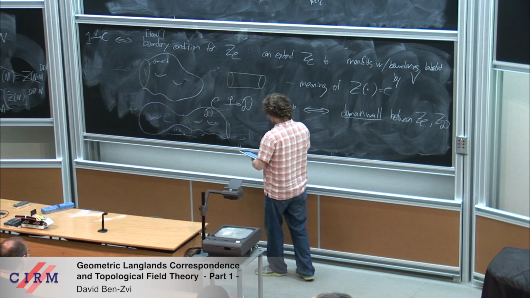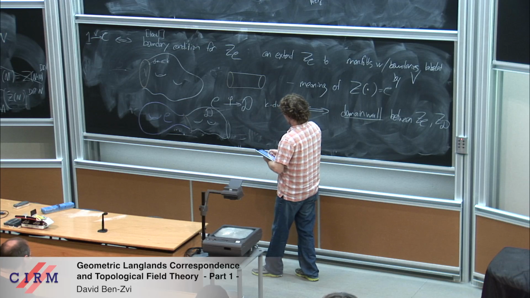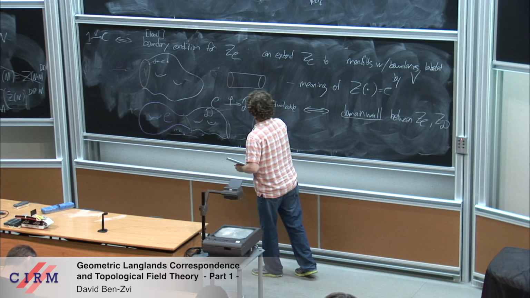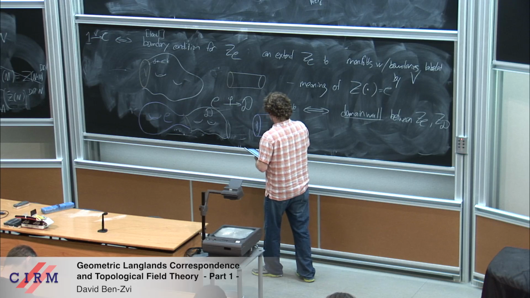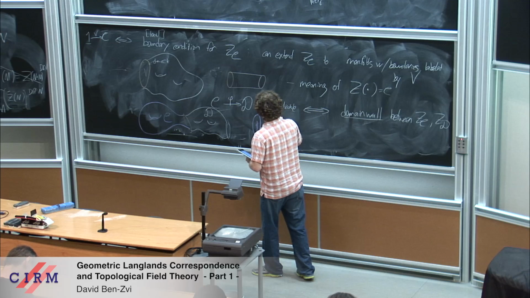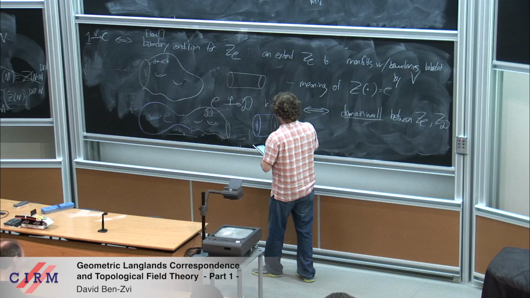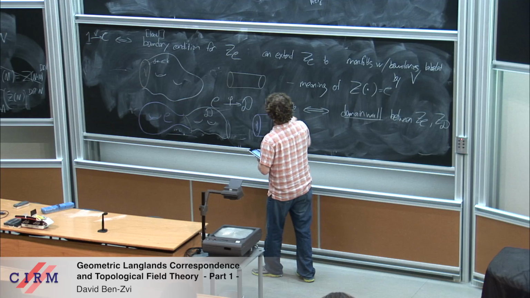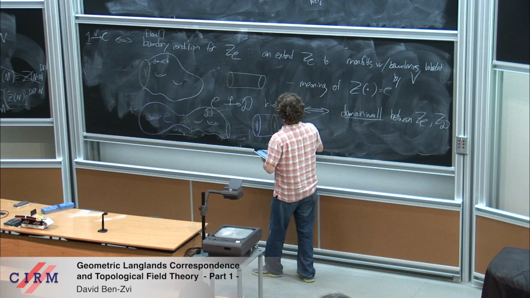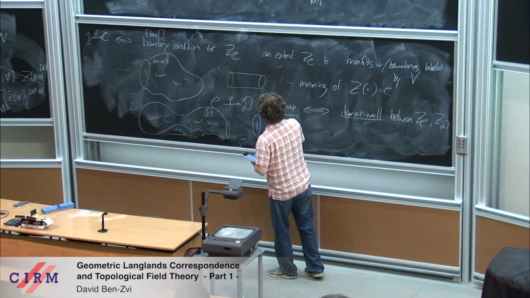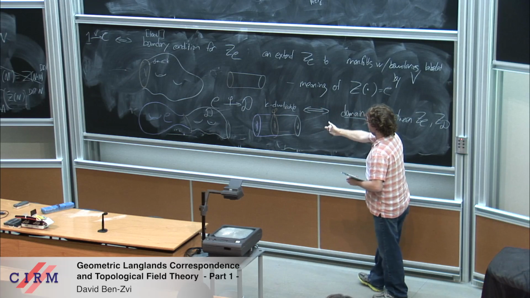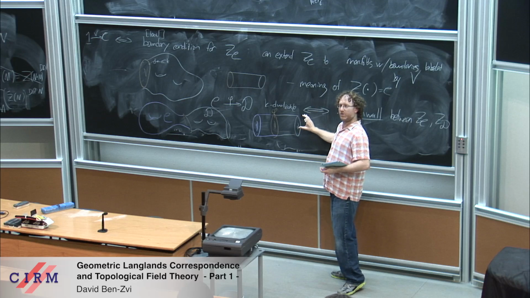So for example, let's just do an example of what kind of structure we have. Suppose I just take a product. Here's my boundary. Here's my morphism. Here's my theory given by C. Here's my theory given by D. The boundary between them is given by phi. That's my domain wall. What does such a picture correspond to?